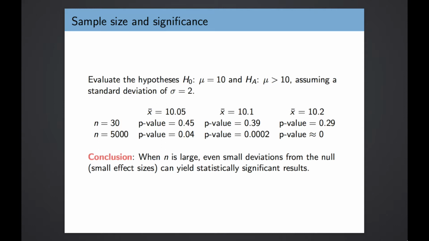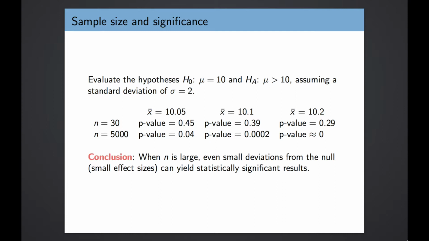But when we up our sample size, when we observe a sample of size 5,000, in each of these cases, a sample mean of 10.05, 10.1, and 10.2, we observe very significant p-values. So this just illustrates further that when we compare the sample statistic that we observe to our hypothesis tests, the size of the sample matters a lot.